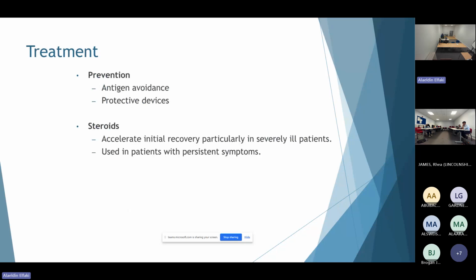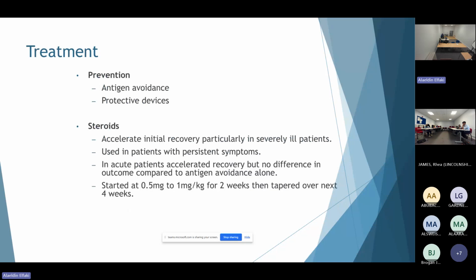We're supposed to avoid allergens. Steroids might be helpful, especially in the acute and subacute forms. For the chronic form, treatment is usually supportive. Sometimes you might need to give antifibrotic treatment if it is progressive fibrosis.